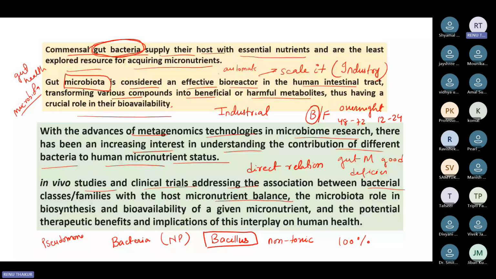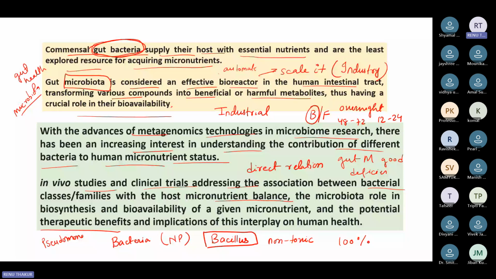So it may have some therapeutic benefit. Already people are going into human subjects, they are already in clinical trials, that this particular metabolite is synthesized by this particular bacteria, and if we consume that metabolite, we will not have any kind of vitamin or micronutrient deficiency.